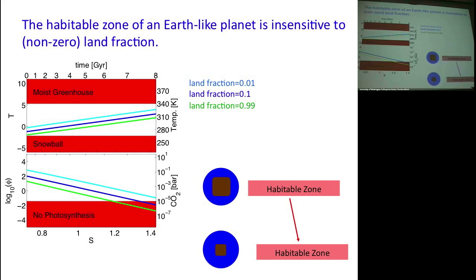And what you can see is, as you increase the insolation, so the star is aging, or you're going closer to the star, you get increases in temperature, but they're ameliorated by the fact that the CO2 is decreasing. And so that's the silicate-weathering feedback. And as we increase land fraction like this, you get higher temperatures, but you still get a dTdS, this slope, that's about the same. And so your habitable zone is just shifting rather than shrinking or expanding.